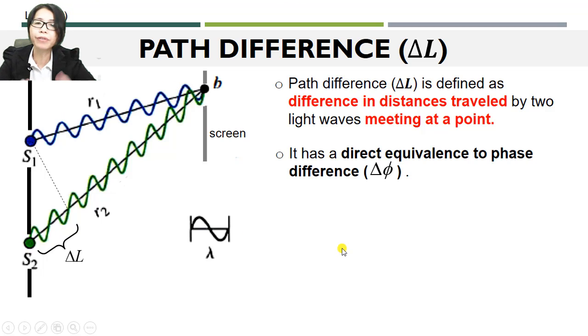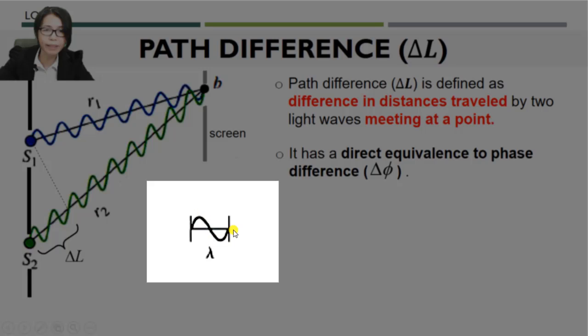So, path difference has a direct equivalence to phase difference. We can relate path difference with phase difference. If you refer to this, we know that one complete cycle is 360 degrees. That is equivalent to 2 pi. And for one complete cycle, we will obtain one wavelength.